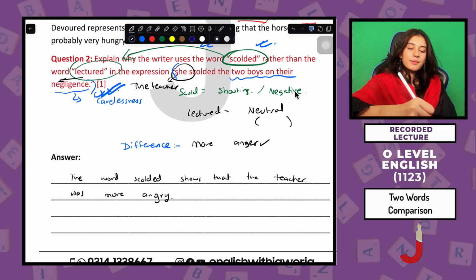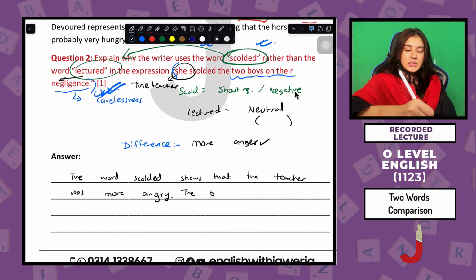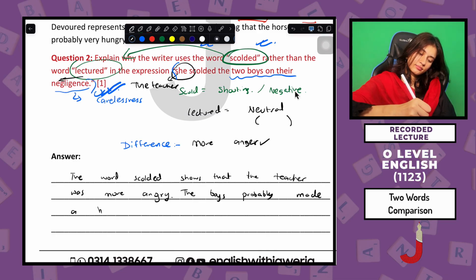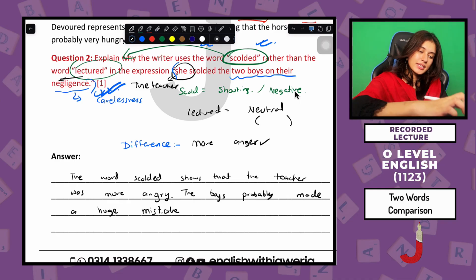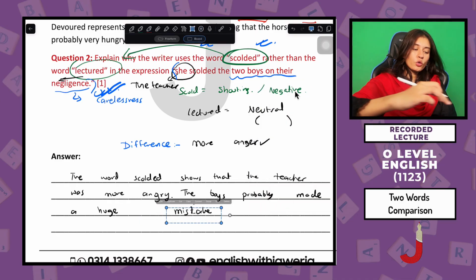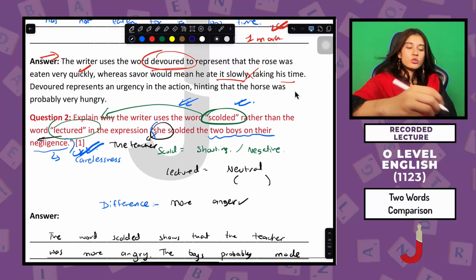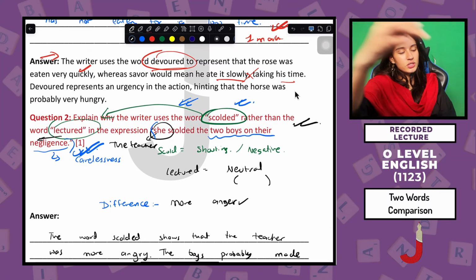So you could say that the boys probably made a huge mistake, or a grave mistake. Obviously, we won't do this guesswork on your exam paper. We're only doing it right now because we don't have a text for it.